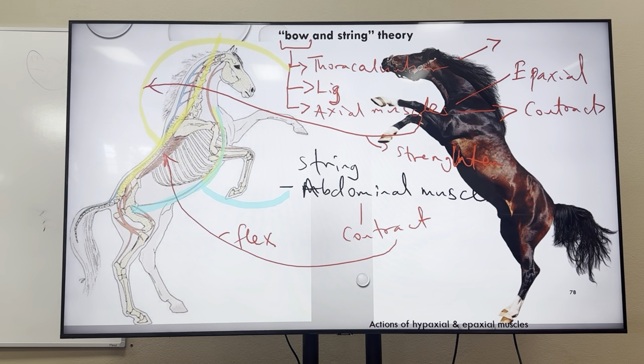The weight of the visceral organs, which have attachment to the dorsal wall here, and the pull of these abdominal organs also help to strengthen the bow.